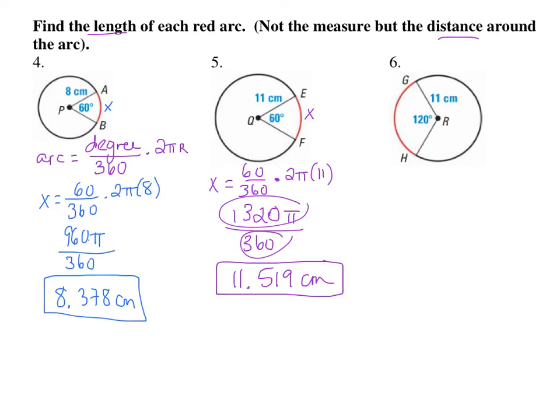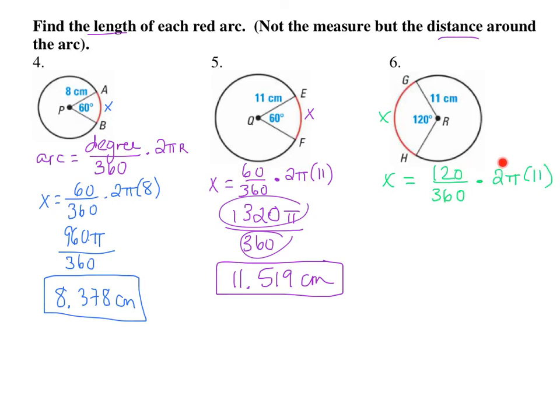All right, so for the last one, the arc length is what I'm trying to find, so there's my x. My degrees, my part out of the whole. So my percentage times the circumference. So 2 times pi times r, so my 11. Again, I want to multiply my 120 times 2 times 11.